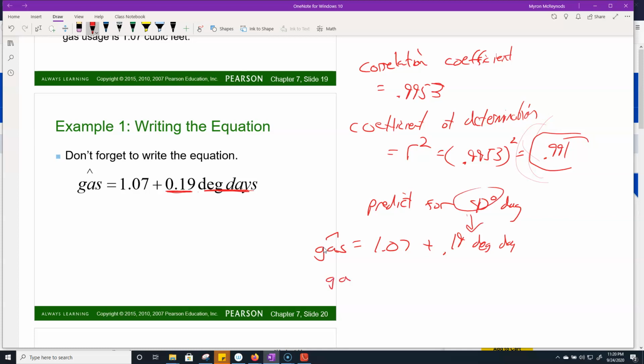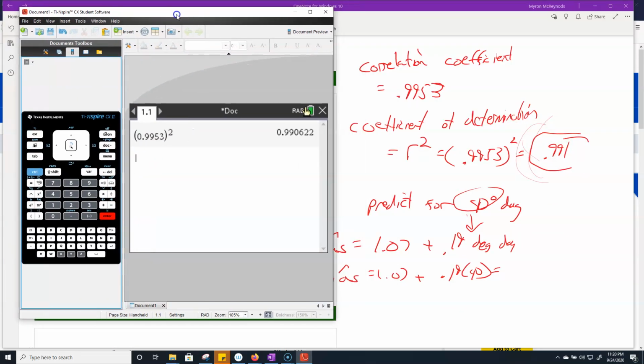So our predicted gas will be 1.07 plus 0.19 times 40, because it's a 40-degree day. Let me pull up the calculator here real quick.